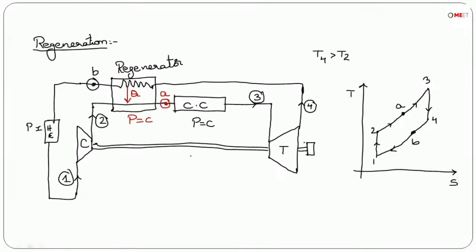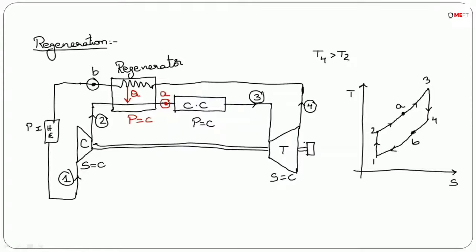Try to understand how we have written these pressure ratios. Pressure ratios are obtained from this diagram only. In the turbine, isentropic expansion is taking place, and in the compressor, isentropic compression is taking place. The maximum pressure of the cycle is P2 equal to P3 and the minimum pressure is P4 equal to P1.